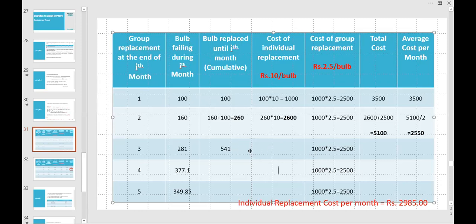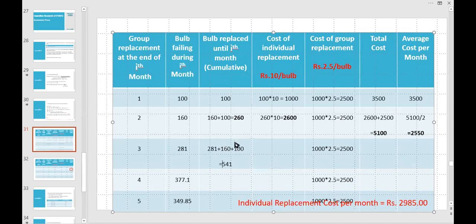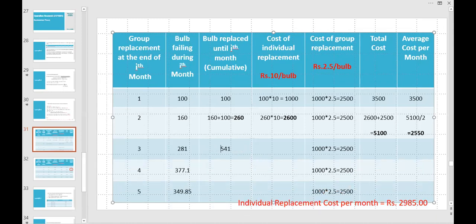It is the summation: 281 plus 160 plus 100, and the answer is 541. Right? Okay. Now next is 541 into 10, so the multiplication is 5410.